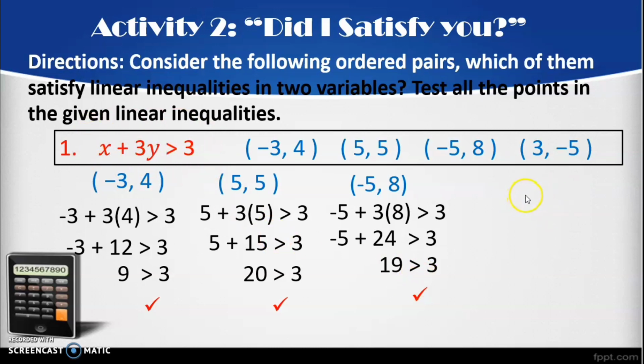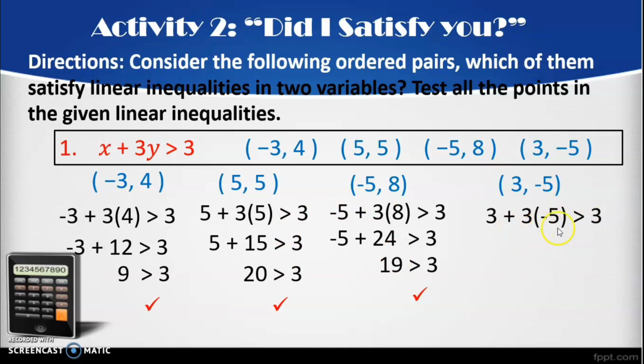The last ordered pair, 3 and negative 5. Substitute again to our original inequality, x plus 3y greater than 3. So, x is 3, then plus 3 times negative 5, which is the y, greater than 3.